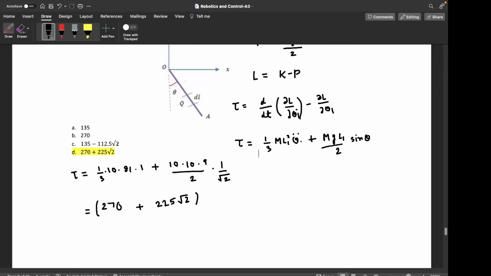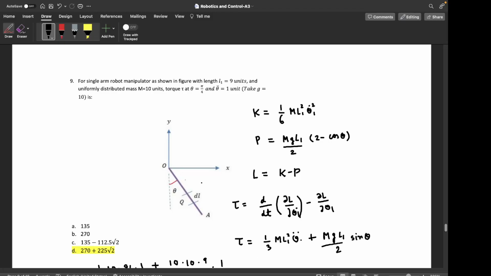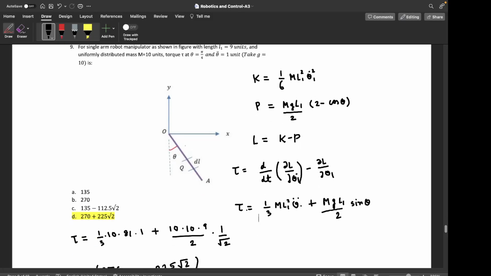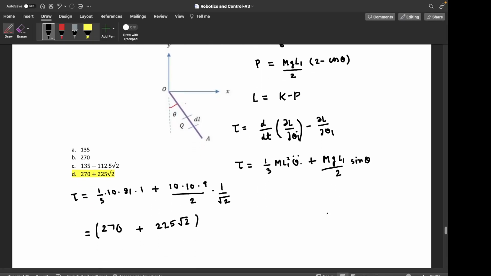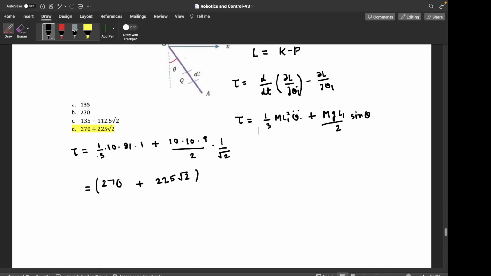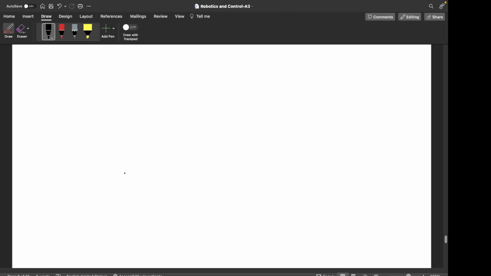So yeah, this is how you have to find the equation of motion connecting the external torque or force with the accelerations, and then you can compute the values in the given data.